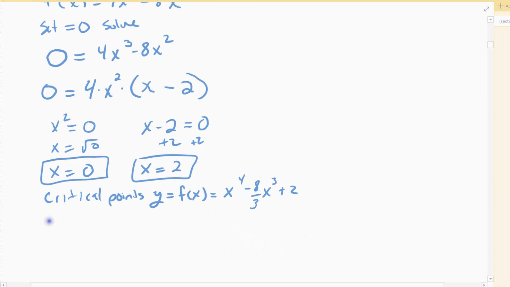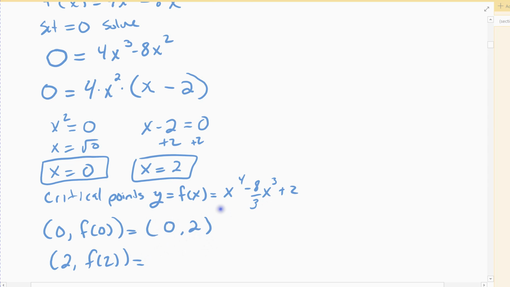To find the y value, I take 0 and plug it into my function, and I take 2 and plug it into my function. 0 is easy, it's just going to leave me with 2. 2 is a little harder. I plug it in, and it comes out 3.33333 repeating, so I'm going to hit my fraction key to get exactly negative 10/3.